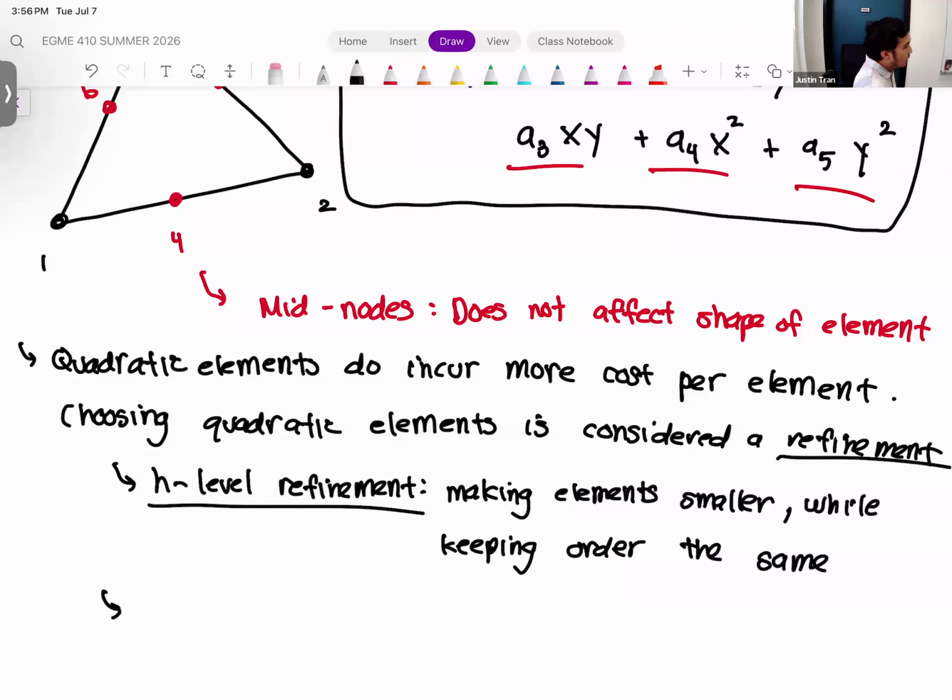Whereas P level refinement is the opposite. P level refinement means that we're increasing the order, but keeping the size of the elements the same.